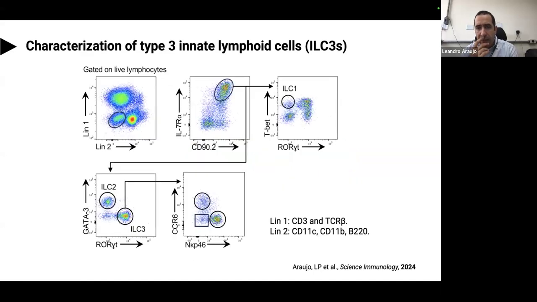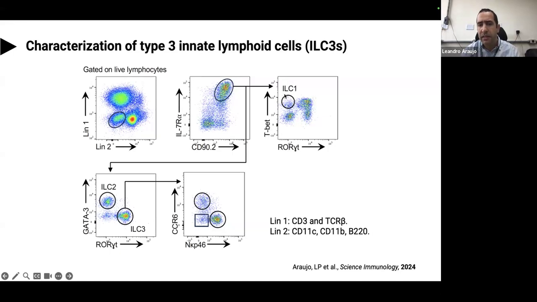Here we have different strategies to study cells. Basically, they are lineage negative. So we stain for the lymphoid lineage, dendritic cells, macrophages, and B cells, and you get the lineage negative. After that we can analyze the IL-7 receptor and the CD90.2 expression. Here we have the ILC gate, so we can distinguish the three types based on the transcription factors that they express.